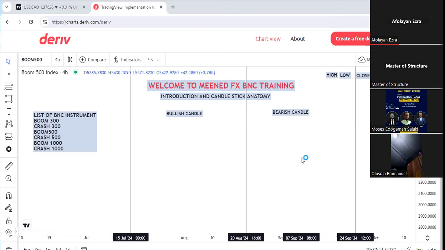Crash 500, you can trade it with $2.3. Boom 1000, I think is $5.7. And Crash 1000, you can trade it with as low as $1.8. So if you have 1.8 in your account, you should be able to take a trade on Crash 1000.